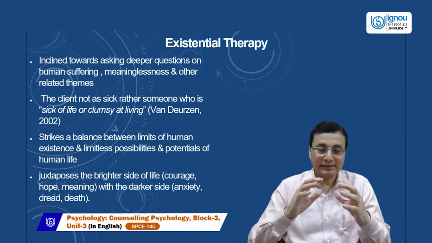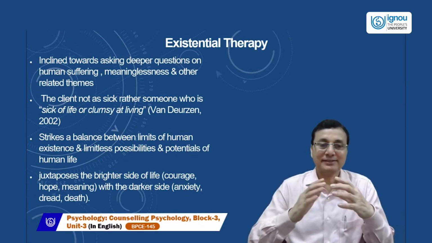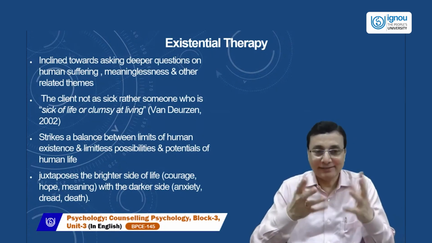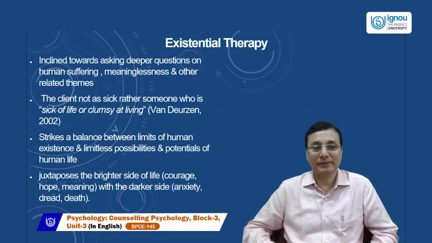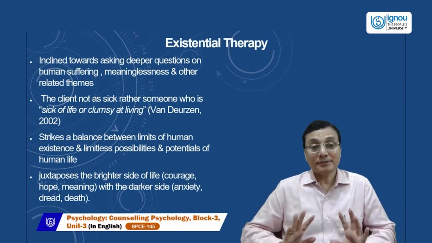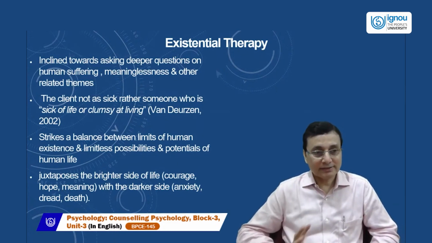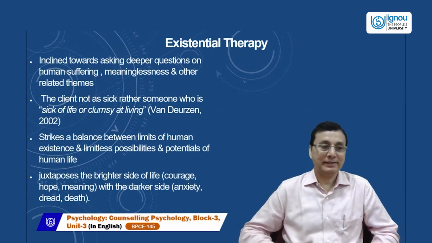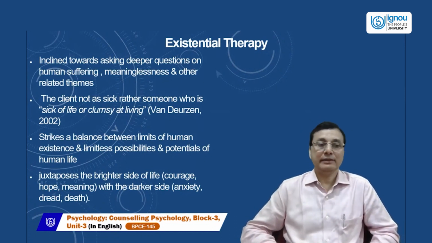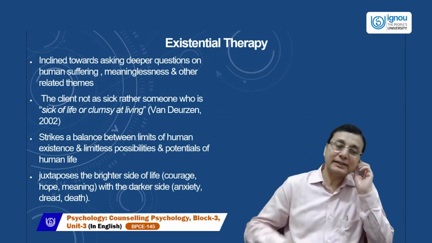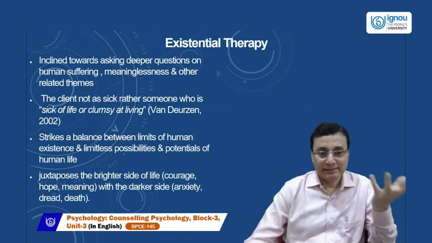So basically, they try to teach the client about the limit of human existence. Our life is limited, maximum 100 years, 110 years, but average life expectancy is around 70 years. But there are limitless possibilities and potentials of human life. So it juxtaposes the brighter side of life, courage, hope, meaning, with the darker side, anxiety, dread, death, etc. So basically, your focus should be on the brighter side rather than the darker side.